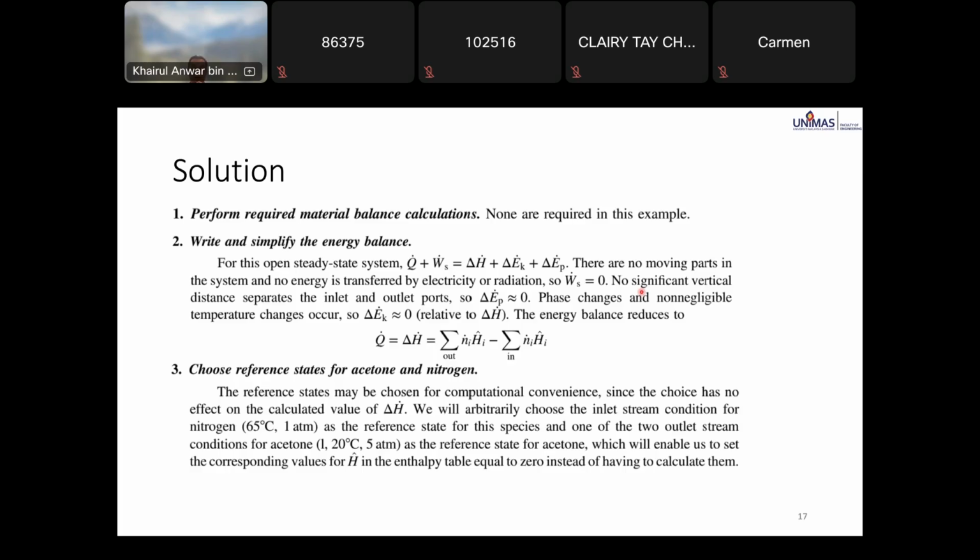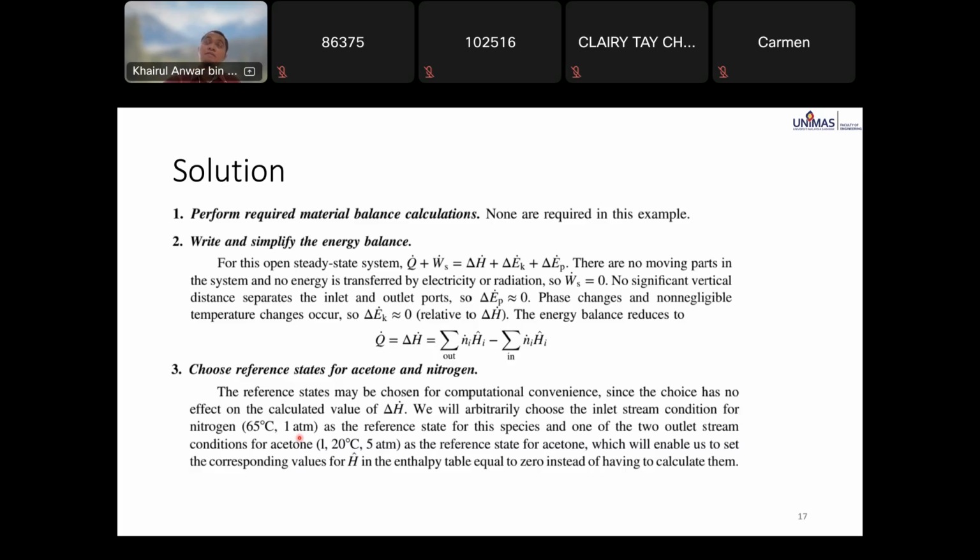Next is to choose the reference state for acetone and nitrogen. So in this case, the author chooses the inlet stream, nitrogen at 65 degrees C, 1 atm.